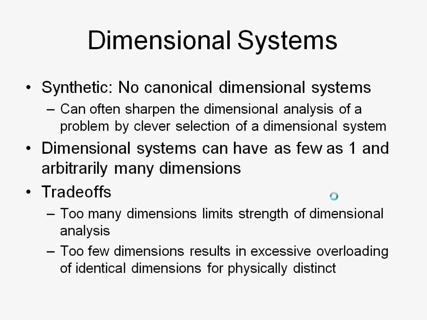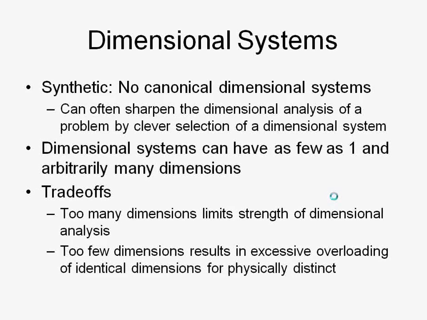They can have as few as one, where everything's the same dimension. It doesn't give us much power, but we can treat it that way. Or we can have arbitrarily many dimensions. We can distinguish length in the vertical direction from length in the horizontal direction, if you have a reason to do so.